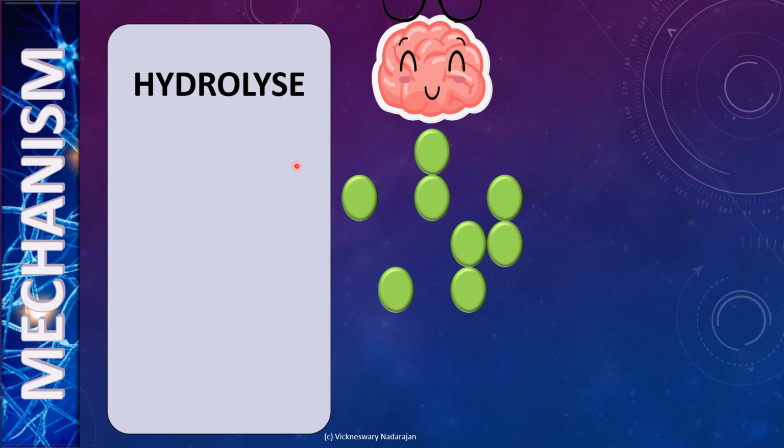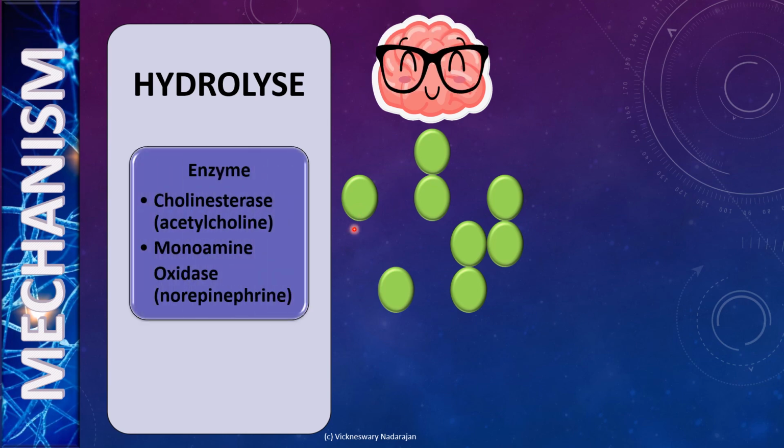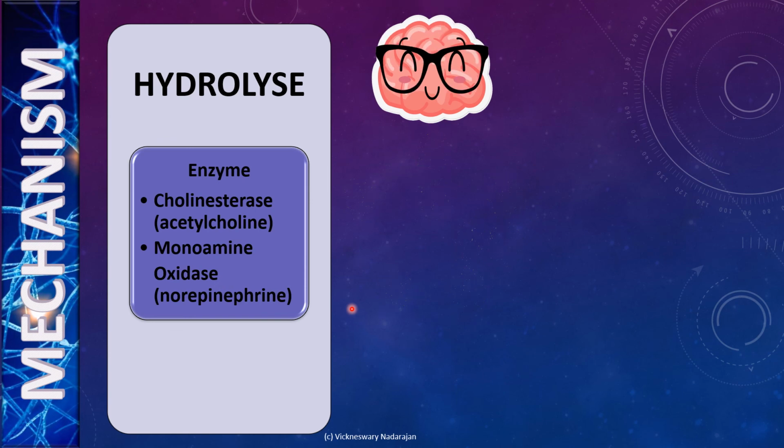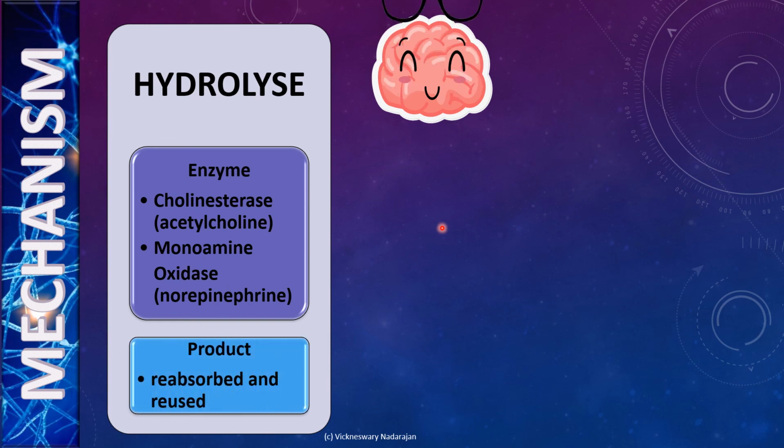To hydrolyze the neurotransmitters, you need enzymes that I mentioned earlier, that is cholinesterase to break down acetylcholine and monoamine oxidase to break down norepinephrine. Once the neurotransmitters are hydrolyzed or oxidized, the products of the enzymatic process will be reabsorbed and reused by the synaptic knob.